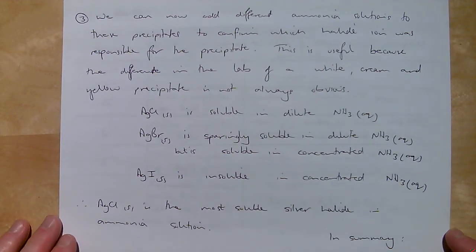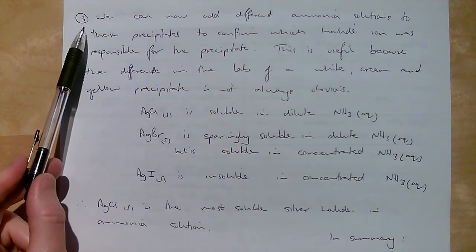Okay. However, those of you who have actually done this in the lab will know that it's quite difficult to distinguish between the white, the cream and the yellow precipitates. So at A level we move it on one step further and we add dilute ammonia to these precipitates, and the precipitates have different solubilities in ammonia.